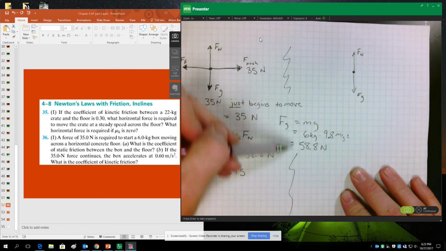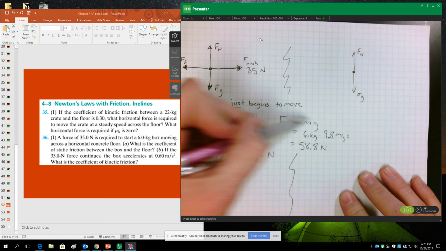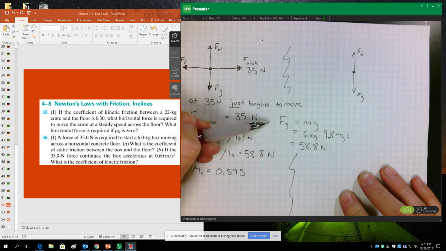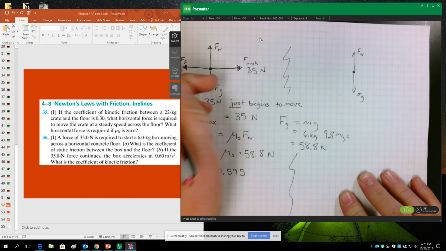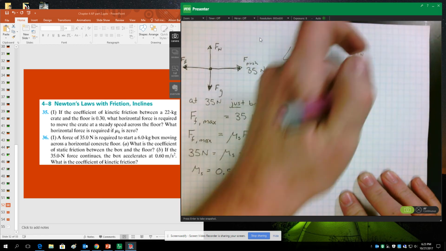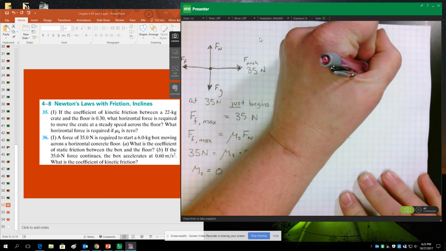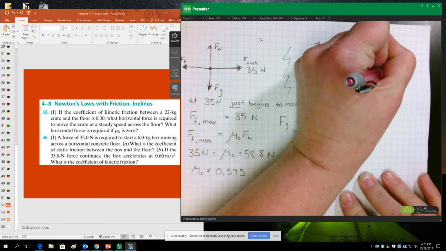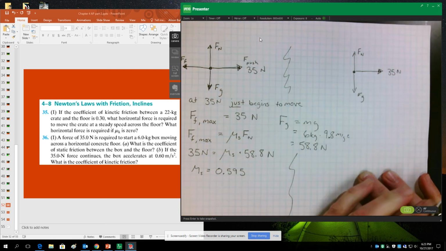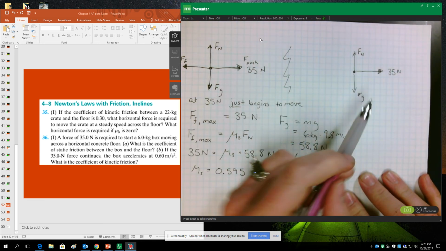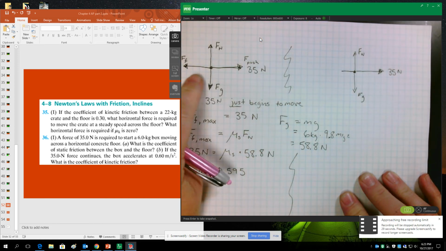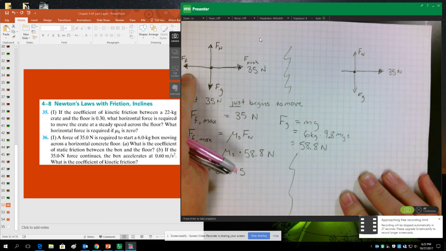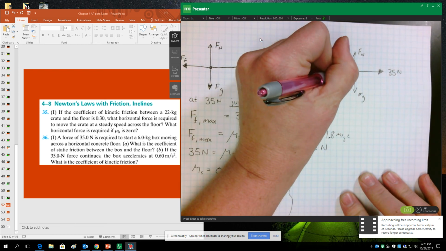Oh, that's cool. I didn't mean that to happen, but this is true for both situations. Now I have 35 newtons. I made that 4 squares long, so I should make it 4 squares long again. That's your push force, still the same length, but now it's kinetic friction. So instead of a 4 square long force, I should have something rather shorter.